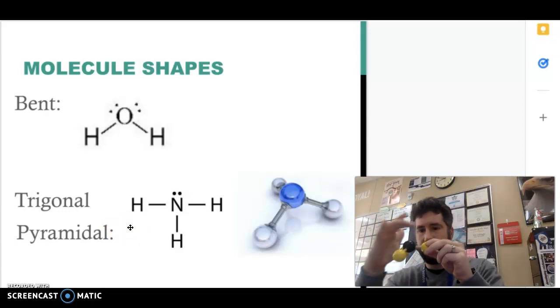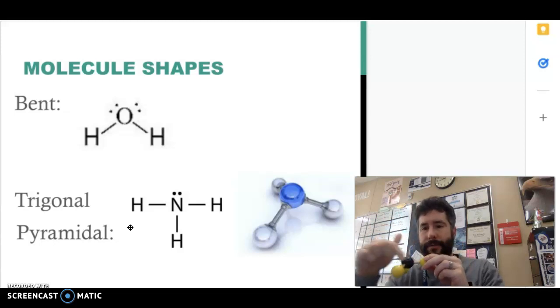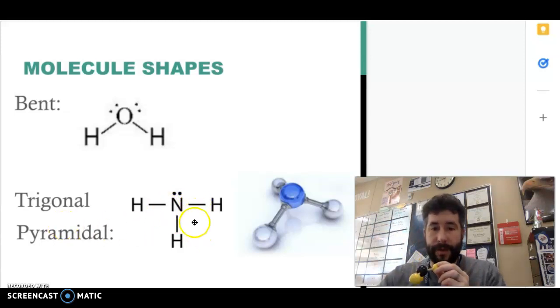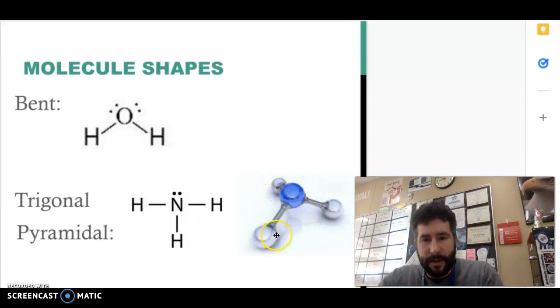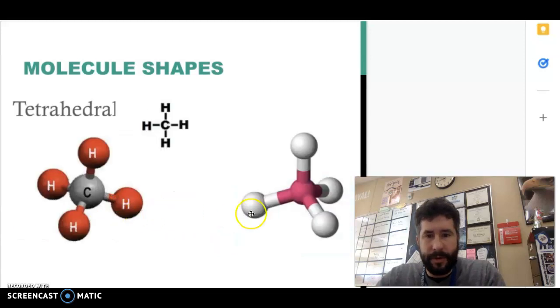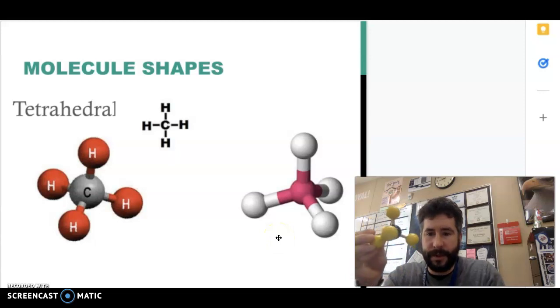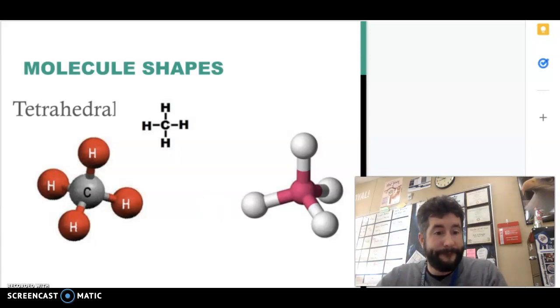You've got the unshared pair on top and then the 3 covalent bonds. And so that's why you can see the pyramid shape of that one. Tetrahedral, again, looks like this, where you have 4 things, and there are no unshared pairs on that one.